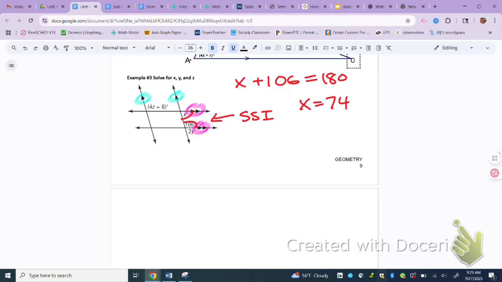The next relationship I'm going to look at, and again, if at any point you want to pause this video and try it on your own, you are welcome to do that. This next one, 106 and 2y, they make a line. So that's a 180 degree relationship again. But now we're finding y. So we're going to subtract 106 from both sides and then end up dividing by 2.